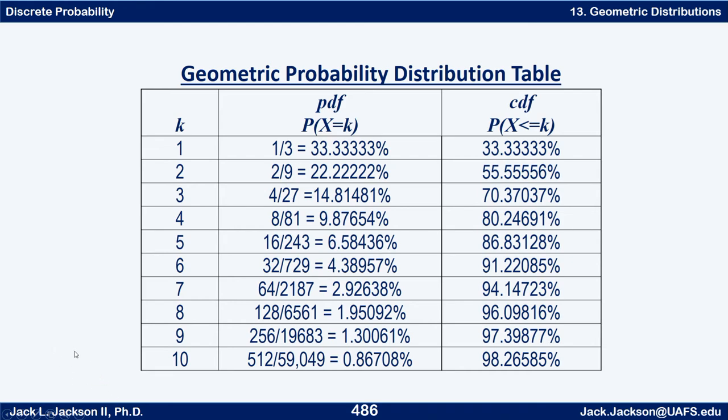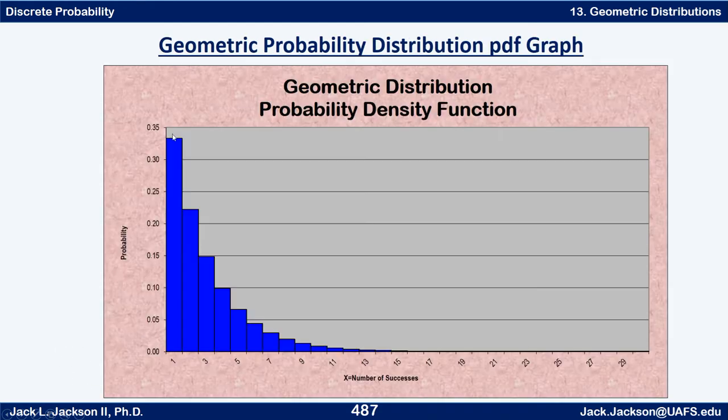So if we look at the graph, we get a bar graph. Here's our first bar graph. Our first bar is probability p, which was 1/3 here. The next is pq, which is 2/3, so this bar is 2/3 of the height of that one. The next one is 2/3 of the height of that one. The next one's 2/3 of that. We're just repeatedly multiplying by 2/3, and we get a bar graph like this.